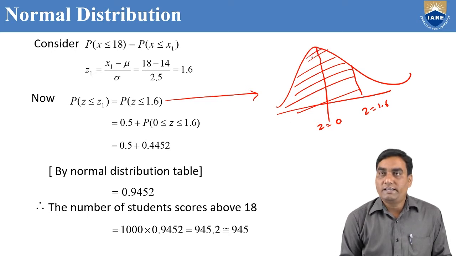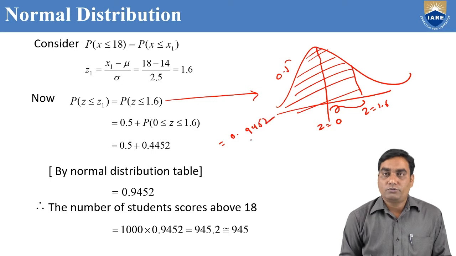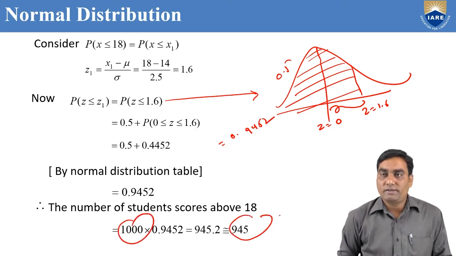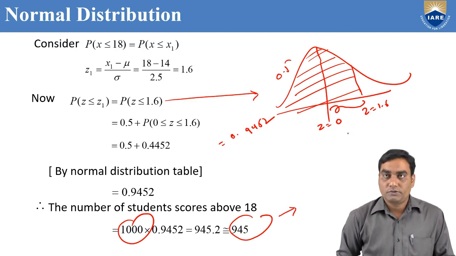The left side half area we know is 0.5, plus 0 to 1.6, you add them, we'll get 0.9452. If you multiply that with the total number of students, we'll get 945 students out of 1000 scoring below 18 marks.